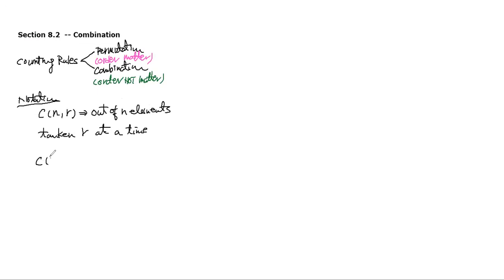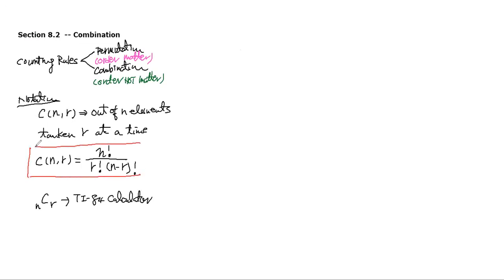In the TI-84 calculator, they write it like this. The formula for nCr is n factorial divided by r factorial times n minus r factorial. So that is the combination.